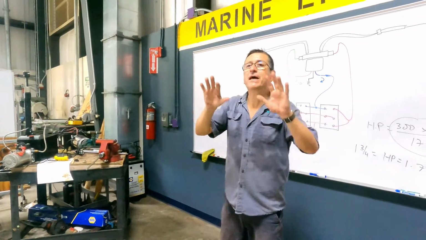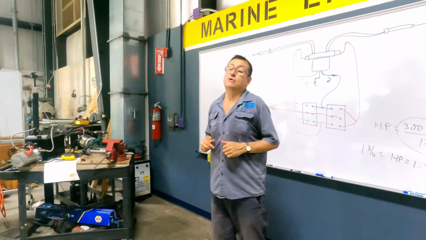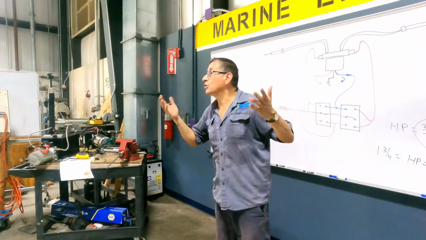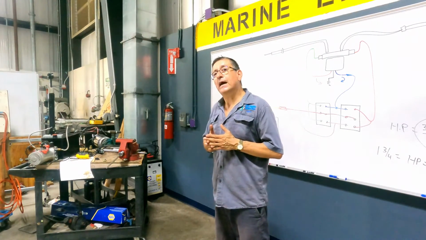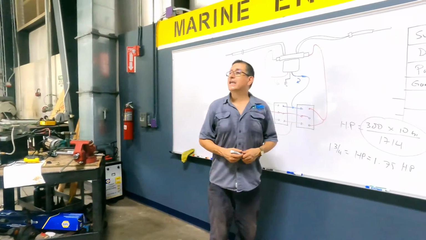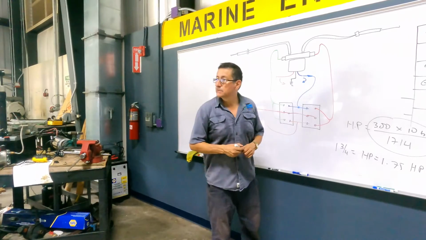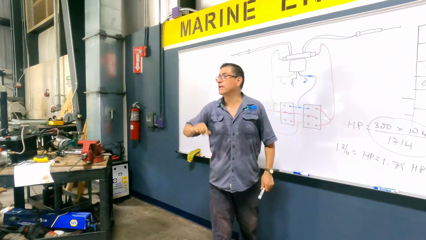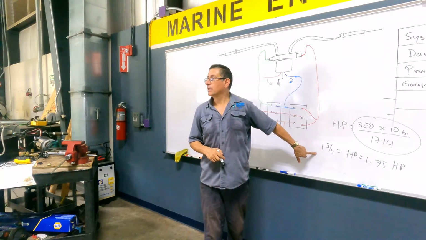Let me check the panel of my boat. I have 2 phases, so I need a 2 phase motor. Suppose that I have double phase in my boat. I need 1 3/4, and I am going to approximate to 2 horsepower.